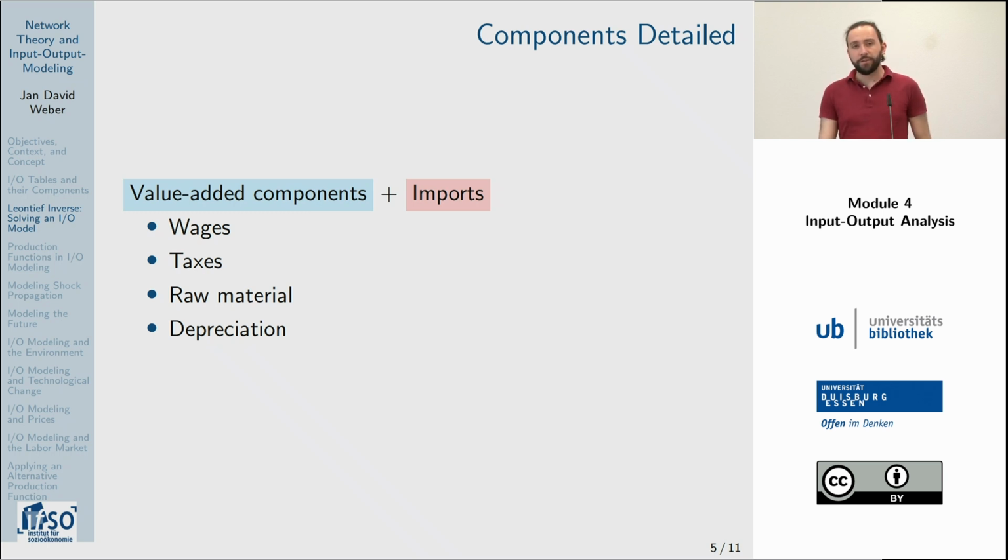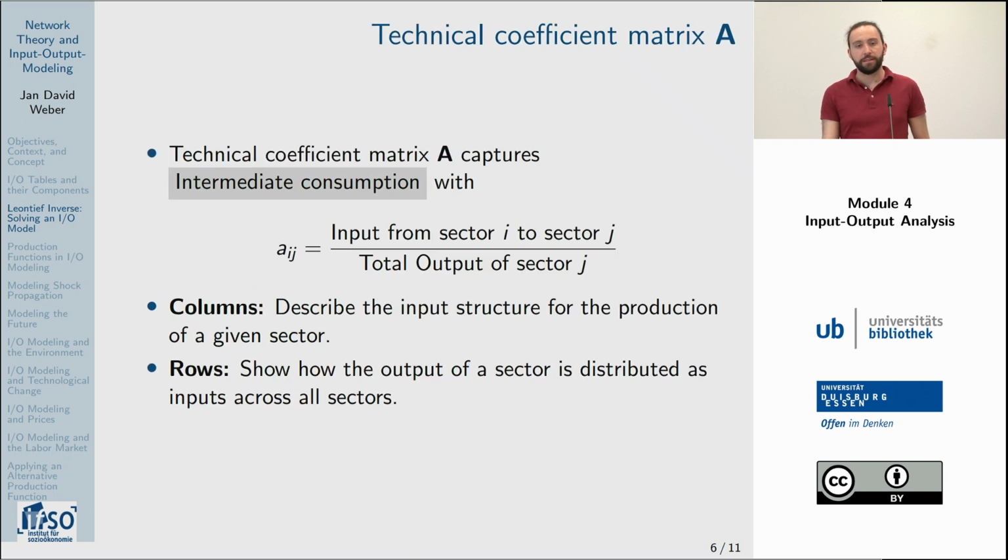And the way to solve input-output tables is a little bit more complicated than just looking at stuff. We need a technical coefficient matrix, which we label A. It captures the intermediate consumption, so all the set parts, and it is the input from each sector that is coming from another sector over the total output of that sector that sends the stuff to the original sector.